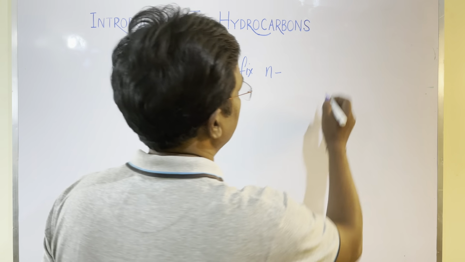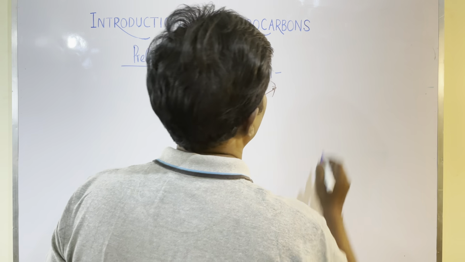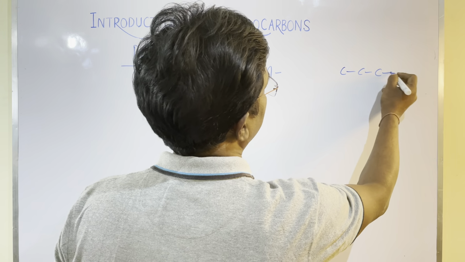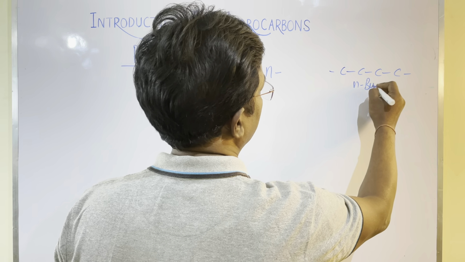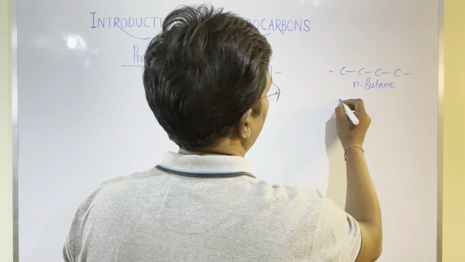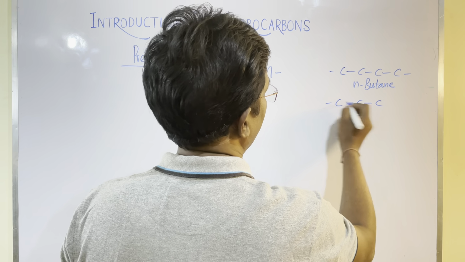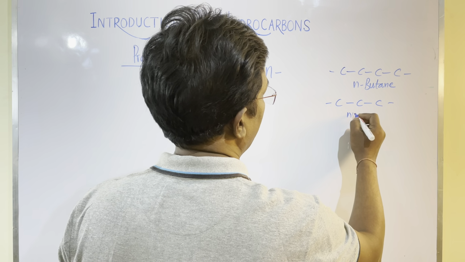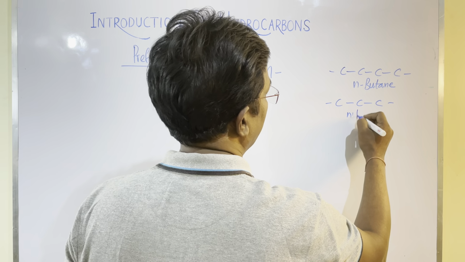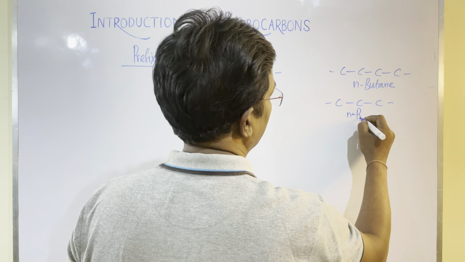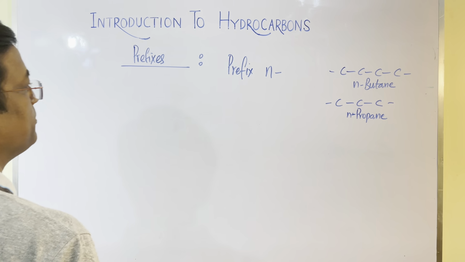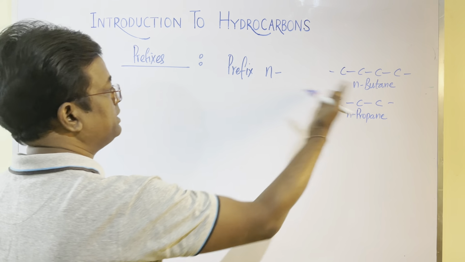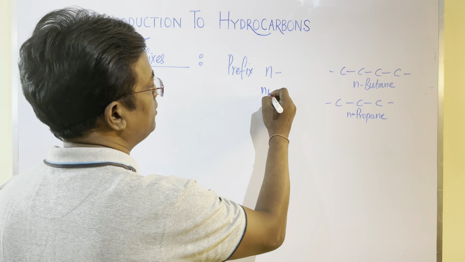So n is used for any straight chain compound. With 4 carbons, this is n-butane. Very easy. If there are 3, we'll say n-propane. The hyphen is very important. For straight chain, n normally represents normal.